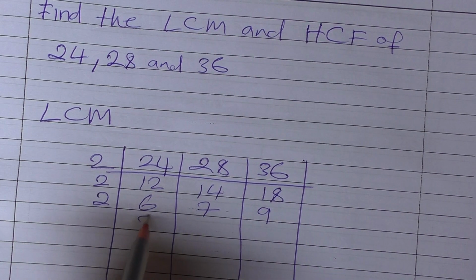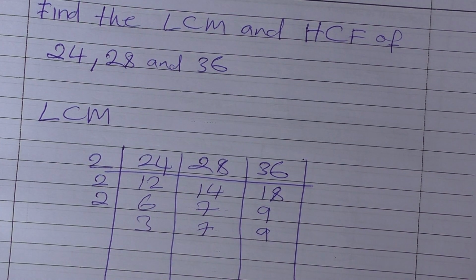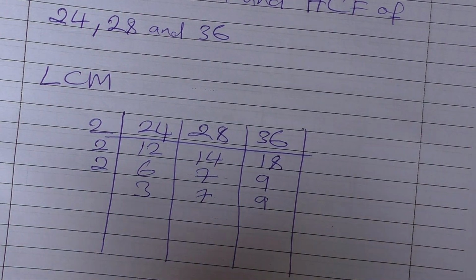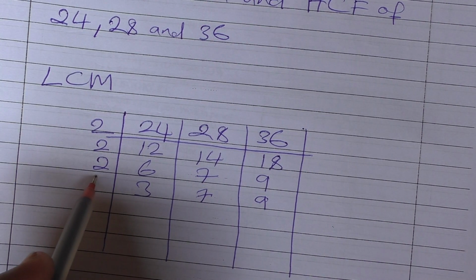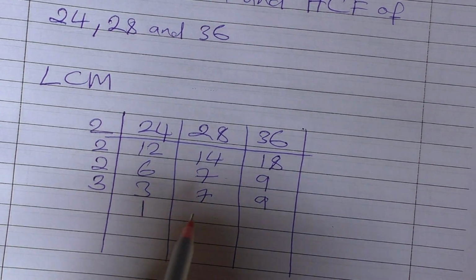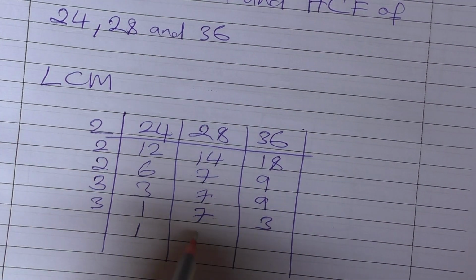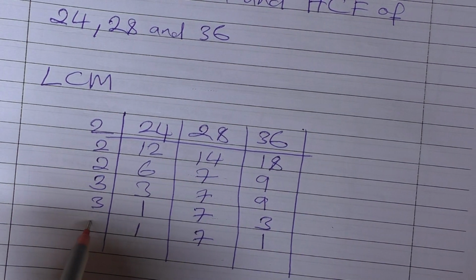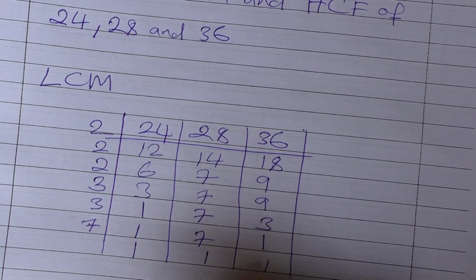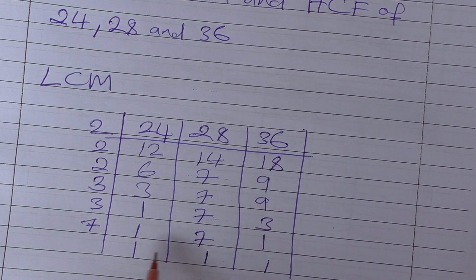Still by 2, we get 3, 7, and 9. 2 can no longer go, so we go to 3, which is our next prime factor. So that is 1, 7, and 3. Still by 3 we get 1, 7, 1. Then 7 can only be taken by 7. So we get 1, 1. So we are decomposing these numbers to 1.